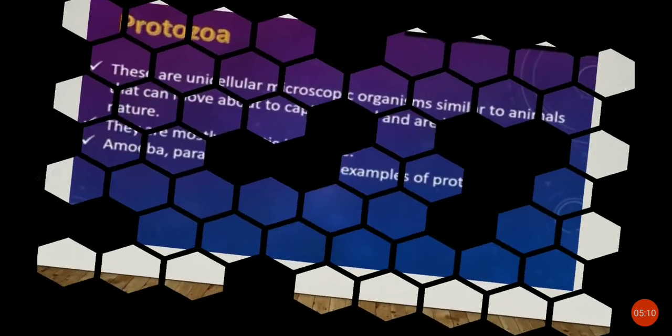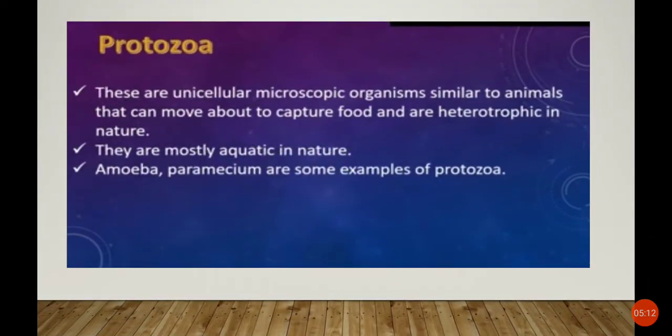Next, protozoa. This is another microorganism. These are unicellular microscopic organisms similar to animals that can move about to capture food and are heterotrophic in nature.